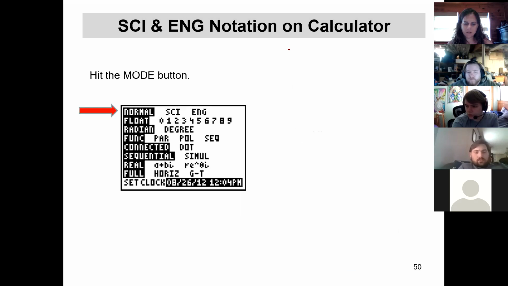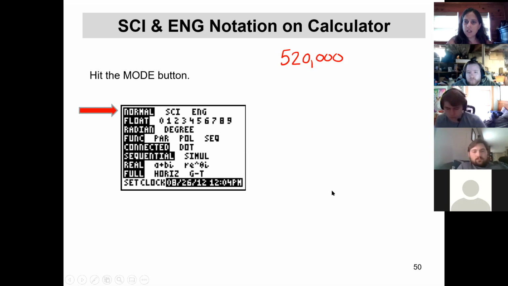We'll take that number and find it in scientific notation using our calculator. We expect it to be 5.2 times 10 to the 5th. That's what I'm expecting, 5.2 times 10 to the 5th.